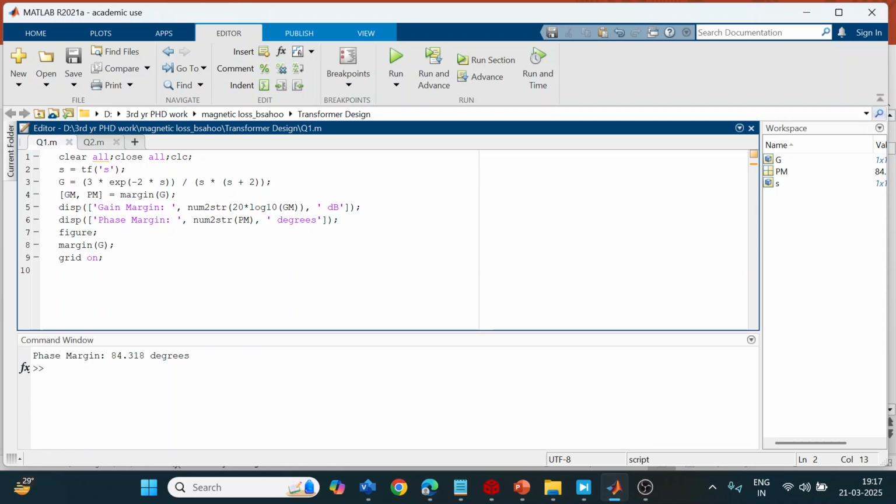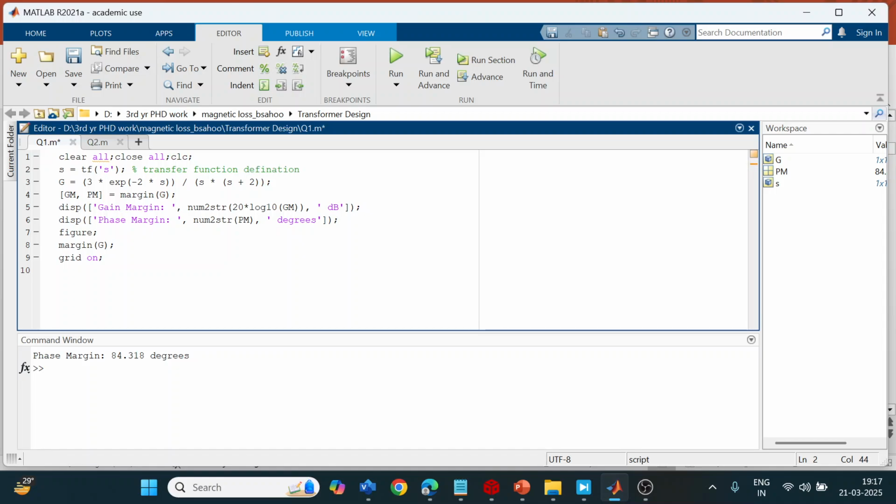The second line is a comment, which I'll share. This is the transfer function definition.